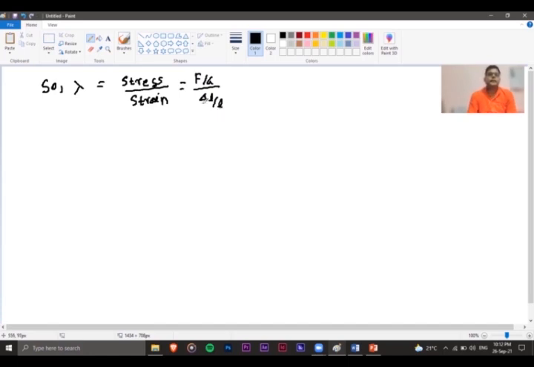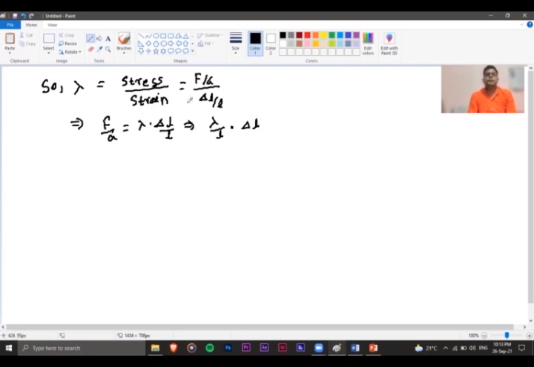So after that, you get F by A equals, if you transpose this to the left, lambda times delta L by L, or you can also write lambda by L delta L.